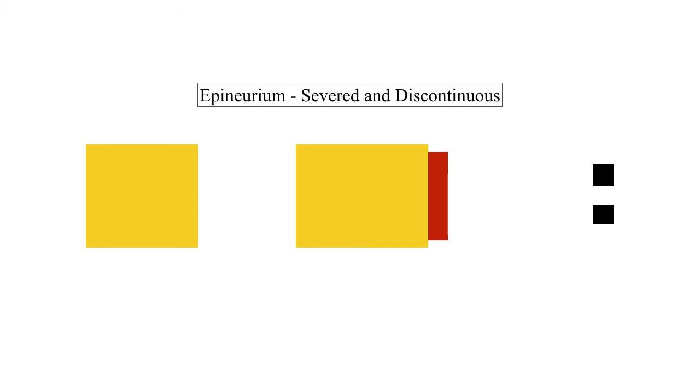Now, coming to the third type of injury, the epineurium itself is completely severed, and once the epineurium is cut, it automatically injures the inner perineurium and endoneurium. So, this complete transection of epineurium, perineurium, and endoneurium, like what we see in a cut injury of a nerve by a sharp instrument, is called neurotmesis.